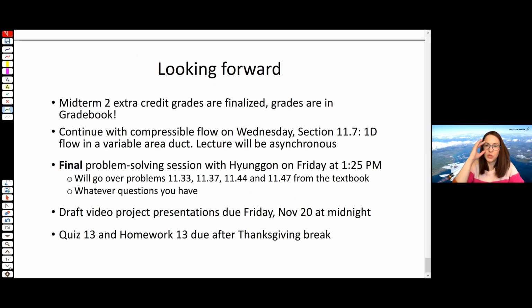So if you saw your midterm 2 grade go up, that's why. It was actually a significant effect. It brought the average up from 83 to 91. So I really thank the couple of people who wrote to me and advocated for this approach instead. I really like the communication that I have with the students this semester, and I thank you guys.